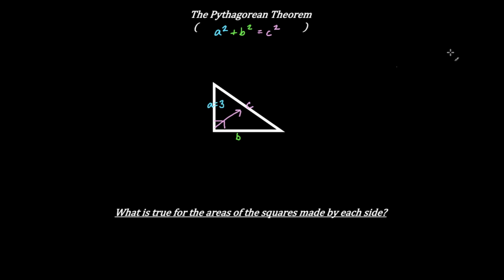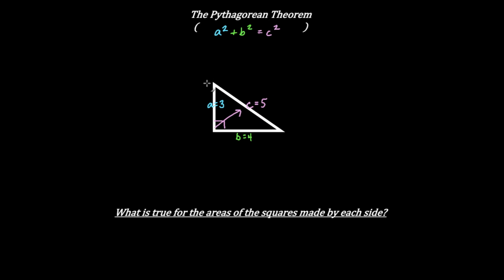A will be 3 units long. B will be 4 units long. And C will be 5 units long. These are the perfect lengths to make a right triangle. I'm going to show you what sense this makes.